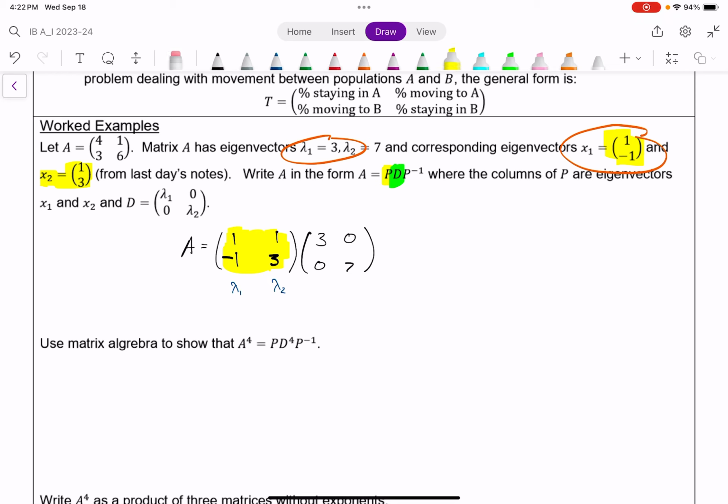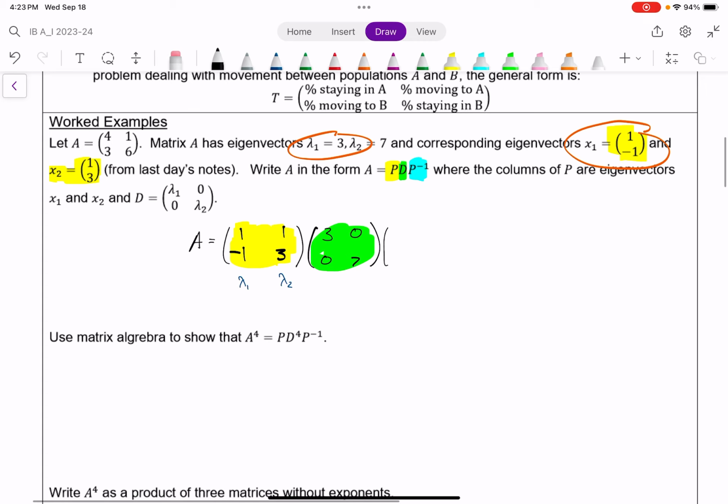So there is matrix A, here's matrix D, and the last part is the inverse. Here's matrix P, which I have highlighted in yellow. Matrix D is highlighted in green. And then lastly, I have the inverse of P, which our GDC can tell us quite quickly. And while we have learned enough to determine the inverse of a 2x2 matrix without a GDC, even then it's still quite time-consuming.